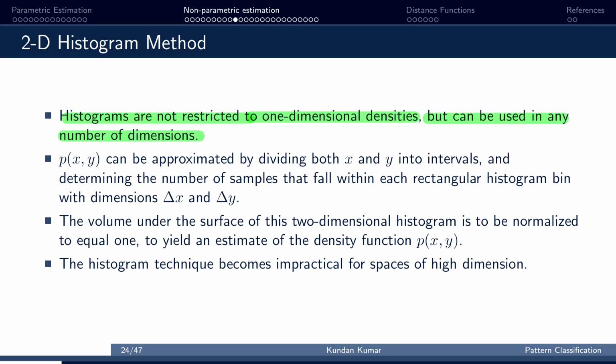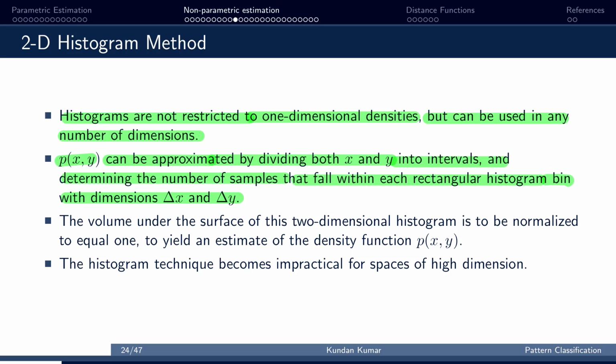So if we deal with the two-dimensional feature space, then we have to compute the probability density function in the two-dimensional space. So we will have the two feature components x and y, and it will be approximated by dividing both x and y into intervals and determining the number of samples that fall within each rectangular histogram bin with dimension del x and del y.